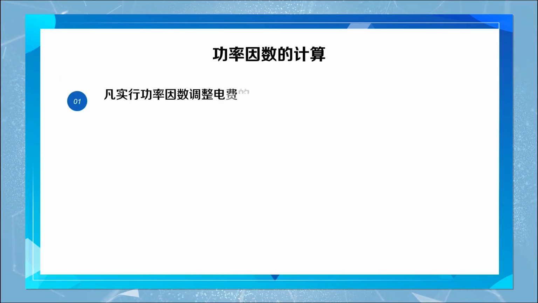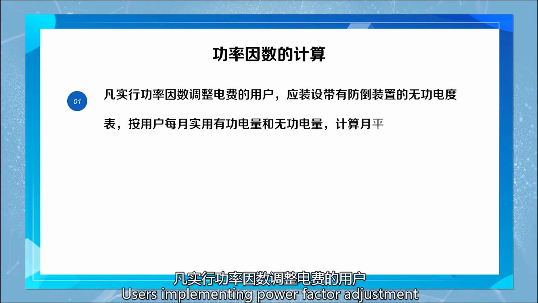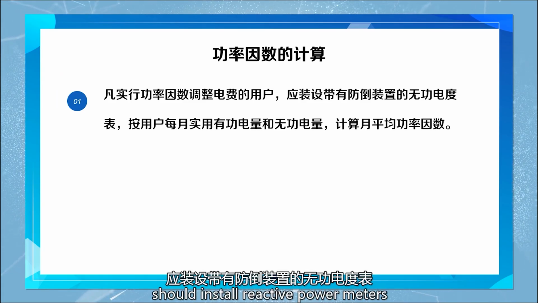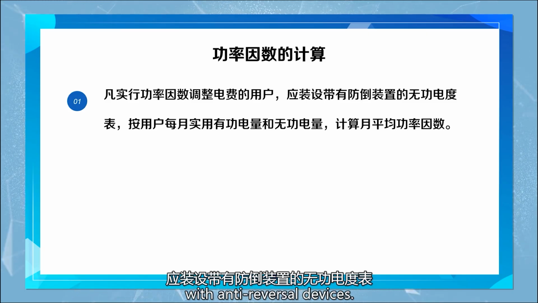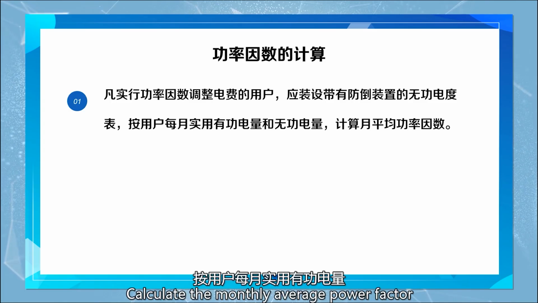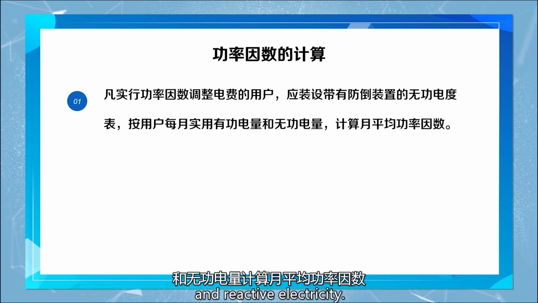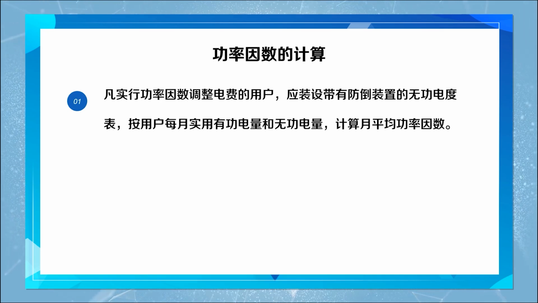First, users implementing power factor adjustment electricity fees should install reactive power meters with anti-reversal devices. Calculate the monthly average power factor based on the user's monthly active and reactive electricity.